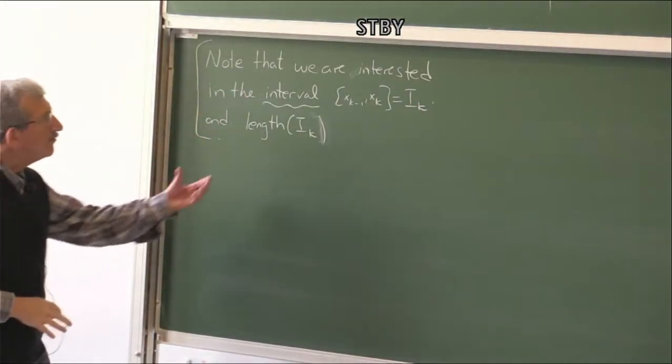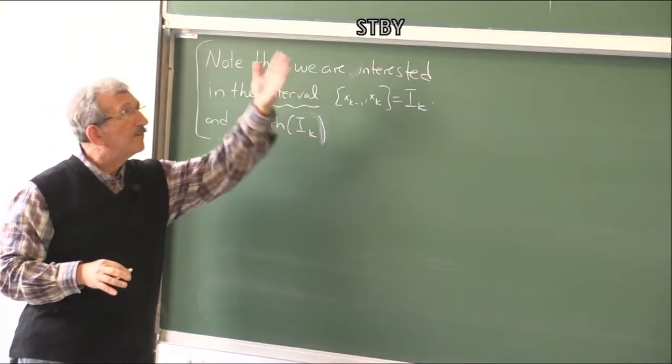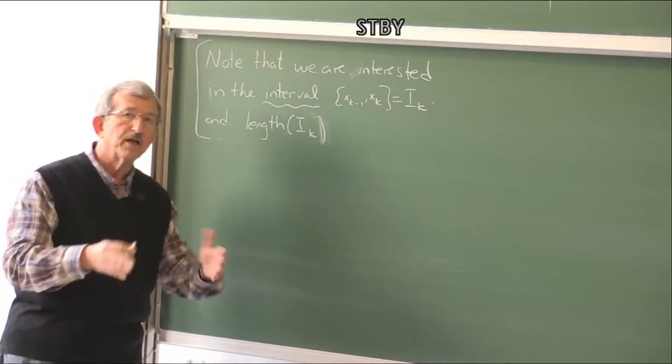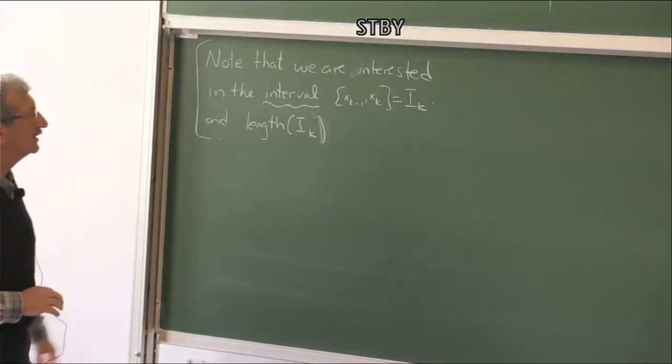So in the Riemann sum, we have the length, and the point is chosen from this interval. So actually, these are intervals, not just points in this sense.